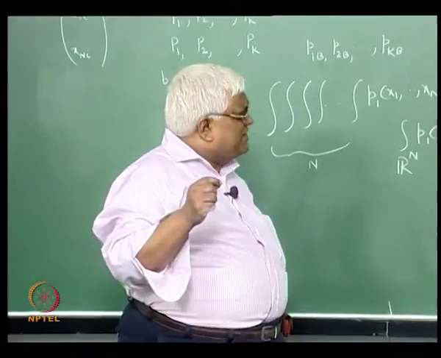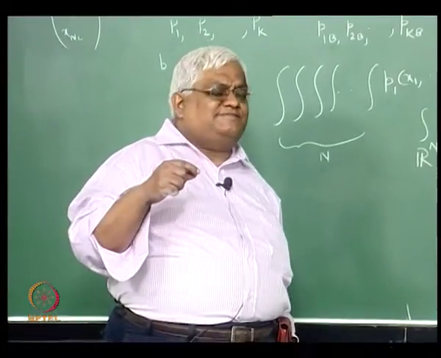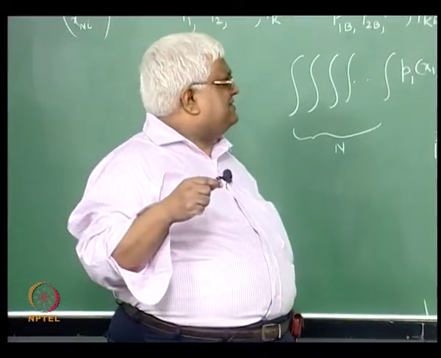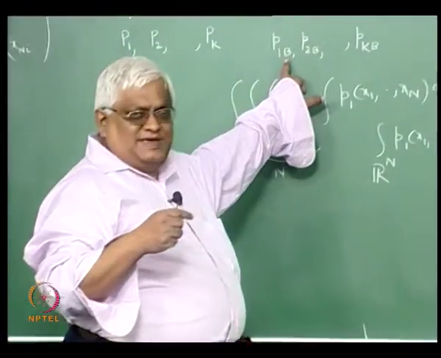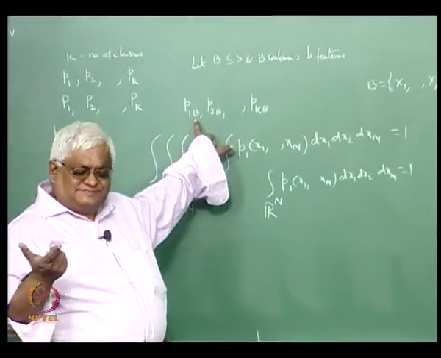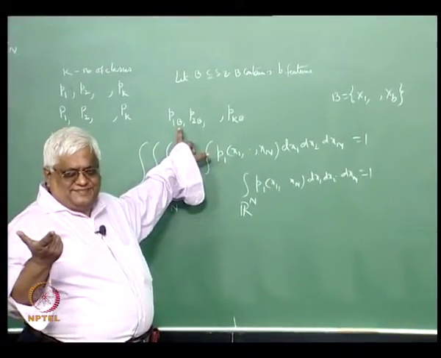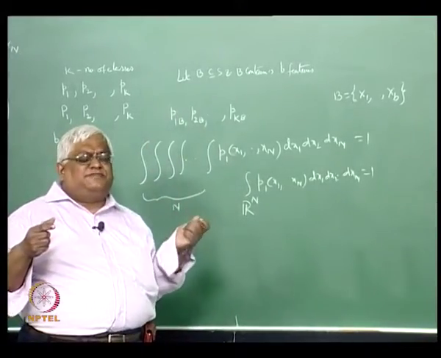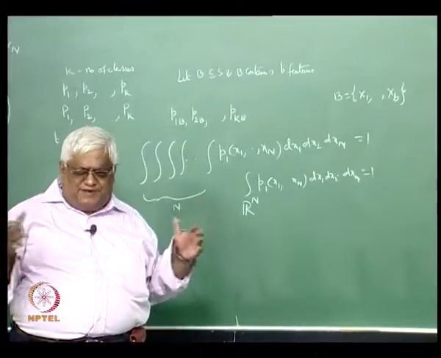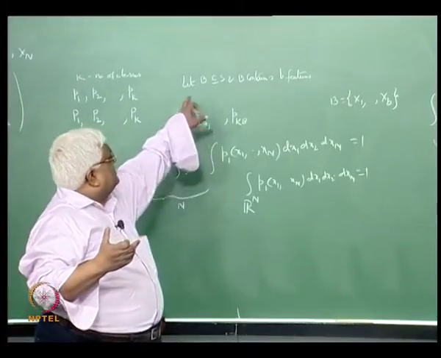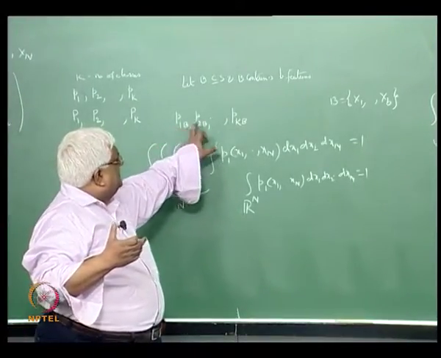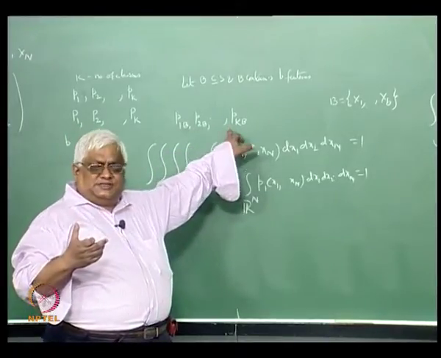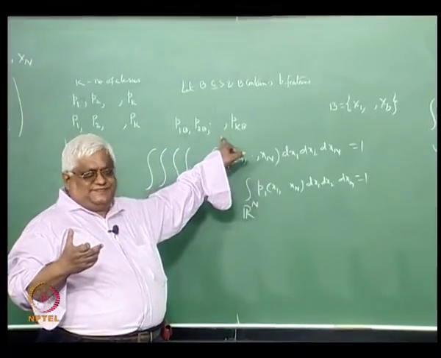This capital B can be any subset of S having small b number of elements. Which are those small b features that you can vary? By varying capital B, you can get the corresponding density functions.